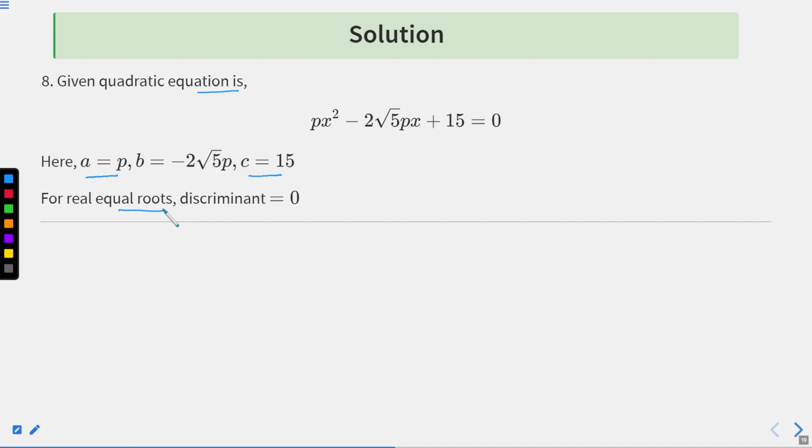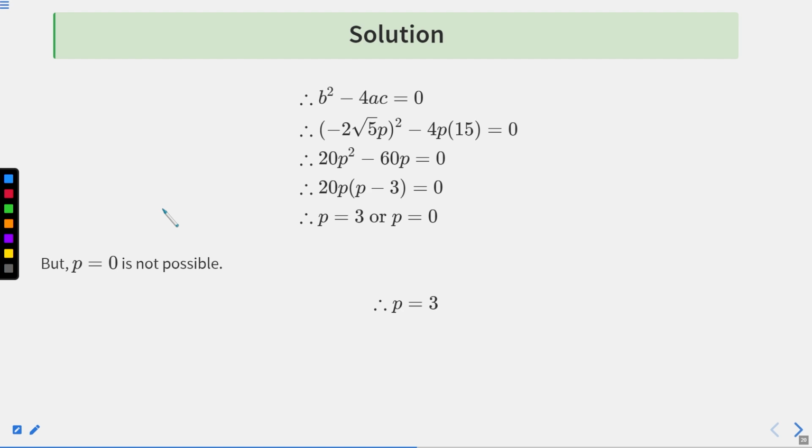If the discriminant is equal to 0, then we'll get two equal roots. For two real equal roots, the discriminant is equal to 0. Therefore b square minus 4ac is equal to 0.